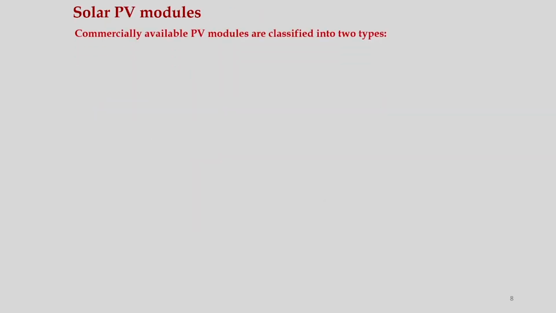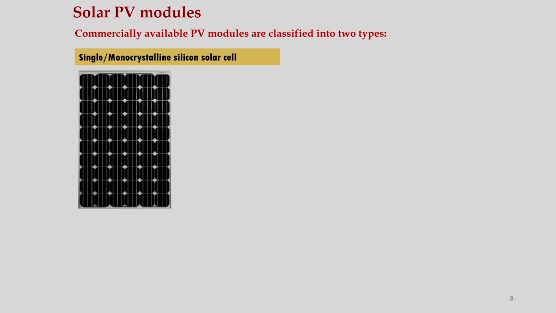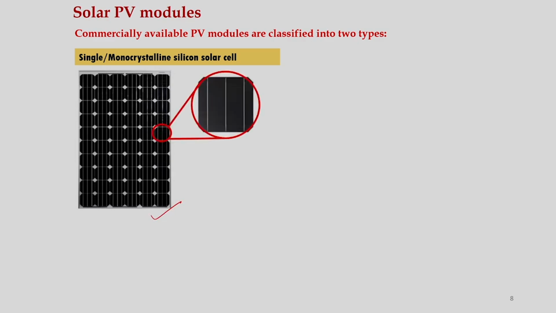So, solar module. Already we know that 90% of the solar modules are made of silicon based solar cells. It may be single crystalline or multicrystalline. We need to select the best module for the particular application. This configuration is for single or monocrystalline silicon solar cells, and we already know how it looks.